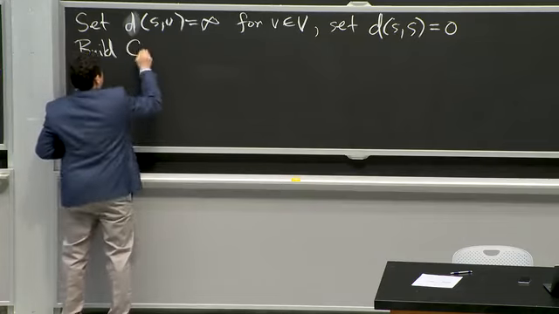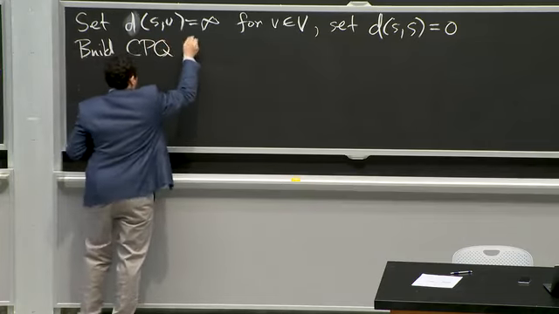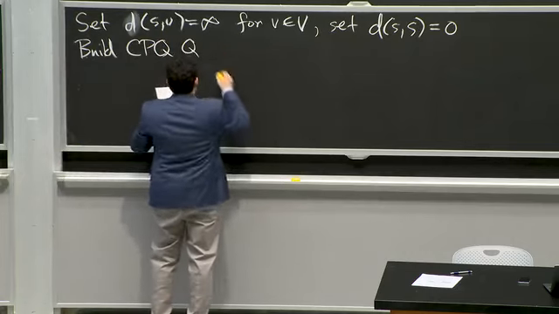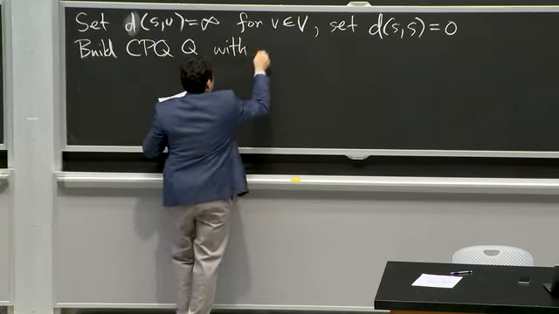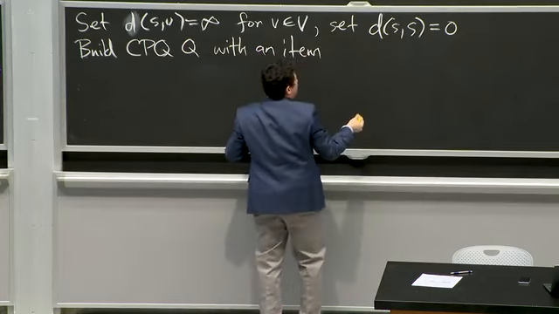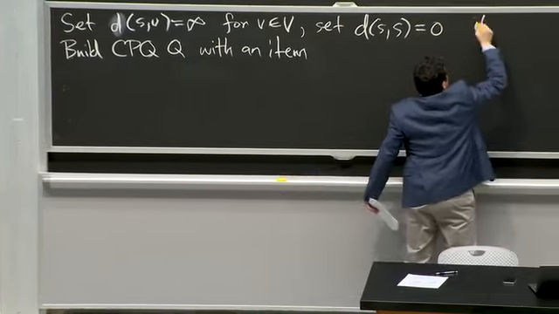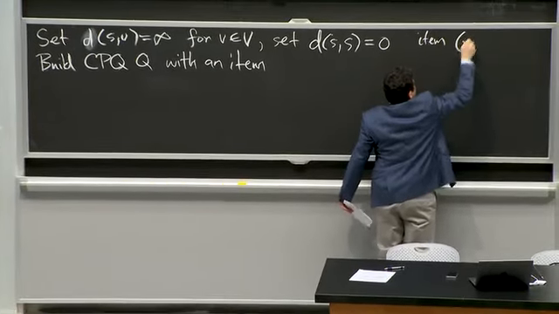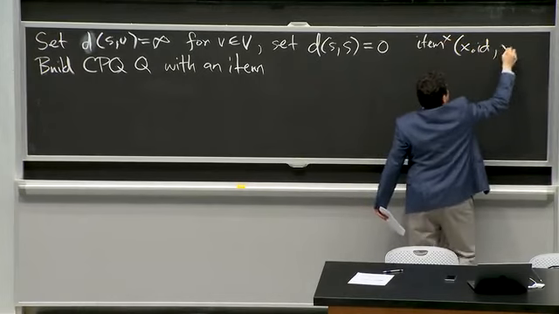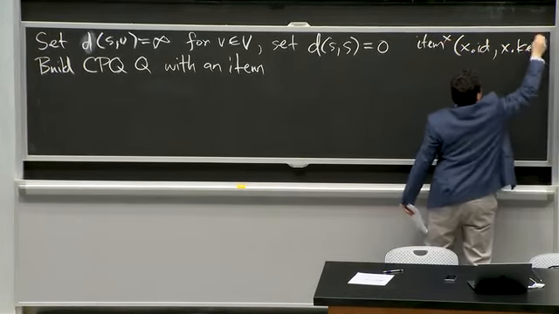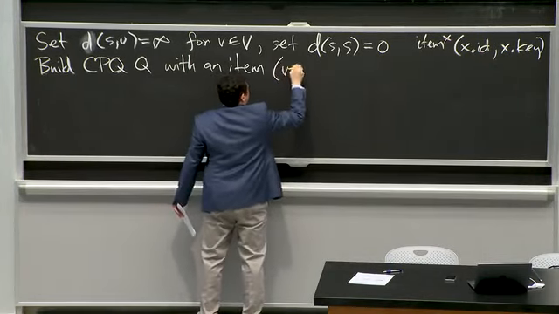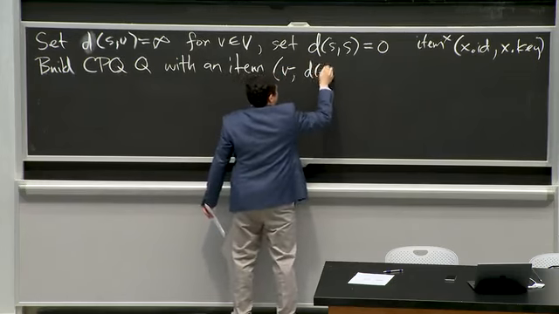Now we build our changeable priority queue with an item. I'm going to say an item X is represented by a tuple of its ID and then its key, just for brevity here. With an item V, D of S,V.